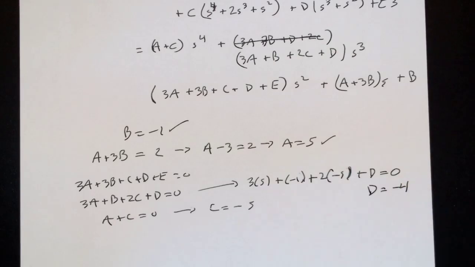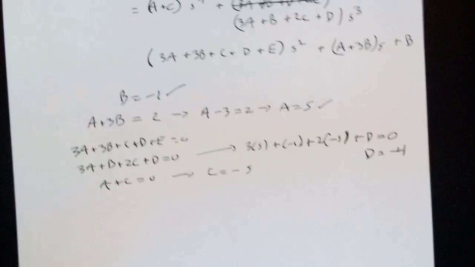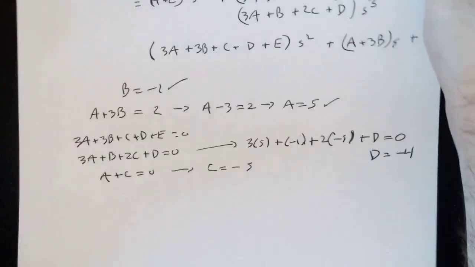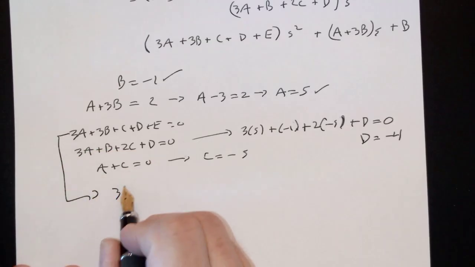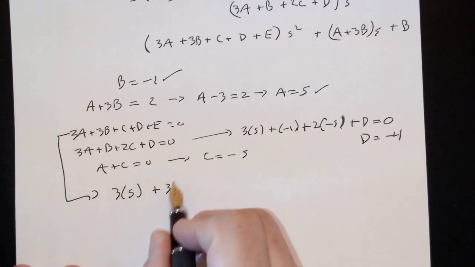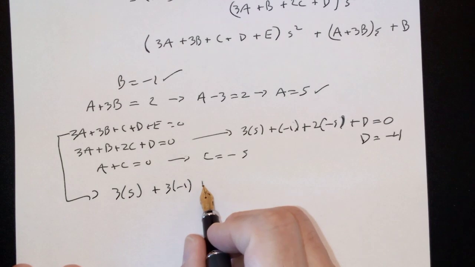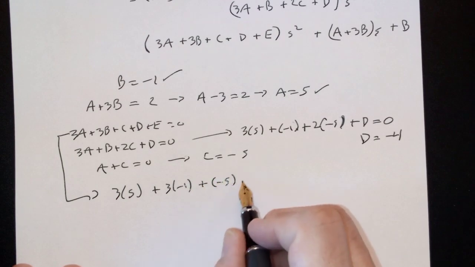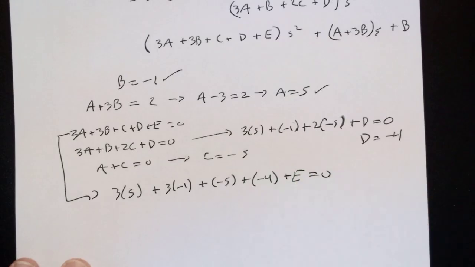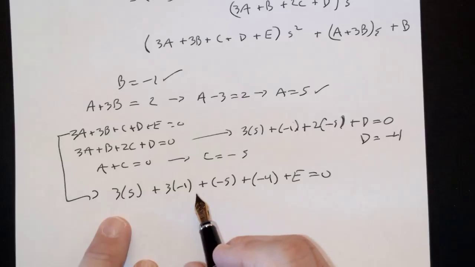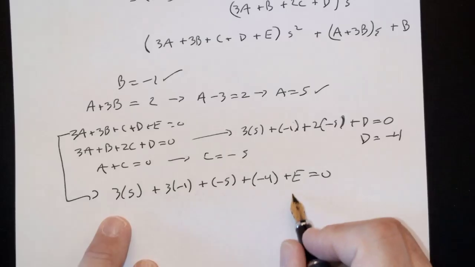And then I can get E. Three times 5, 3 times minus 1, C, D, E equals 0. 15 minus 12, what's E?